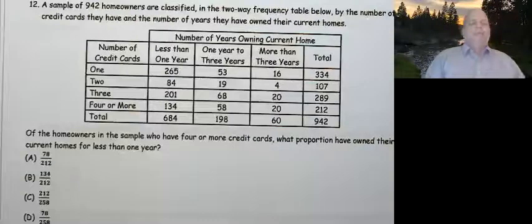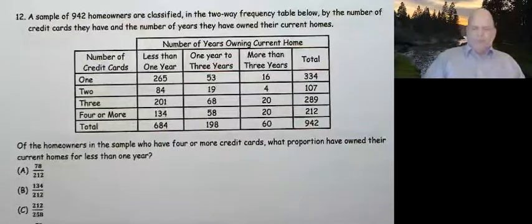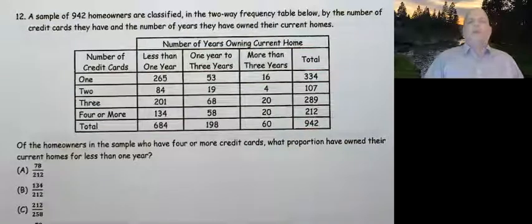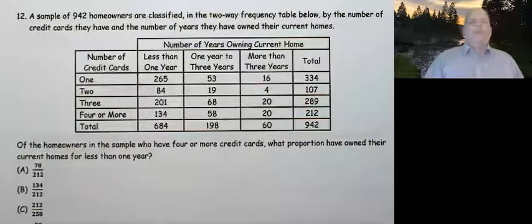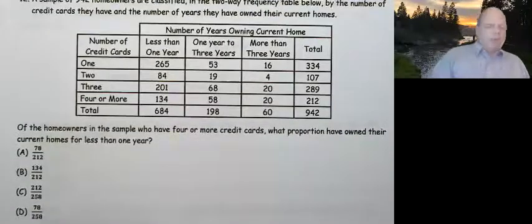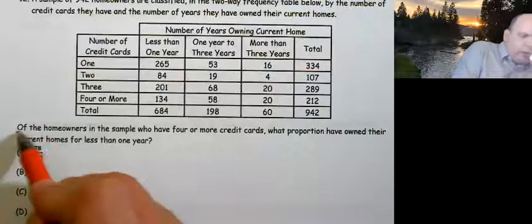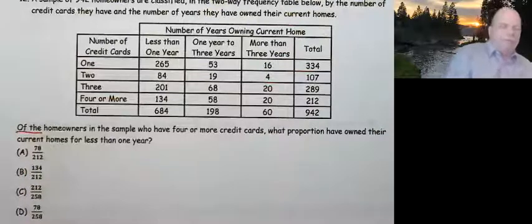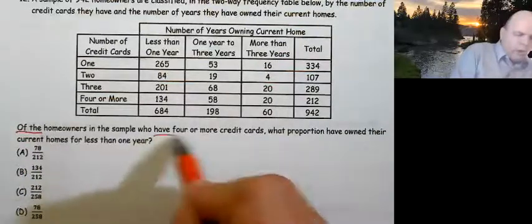Moving over to number 12. A sample of 942 homeowners were classified in the two-way frequency table below by the number of credit cards they have and the number of years they have owned their current homes. Of the homeowners in the sample, so looking at the specific group who have 4 or more credit cards.